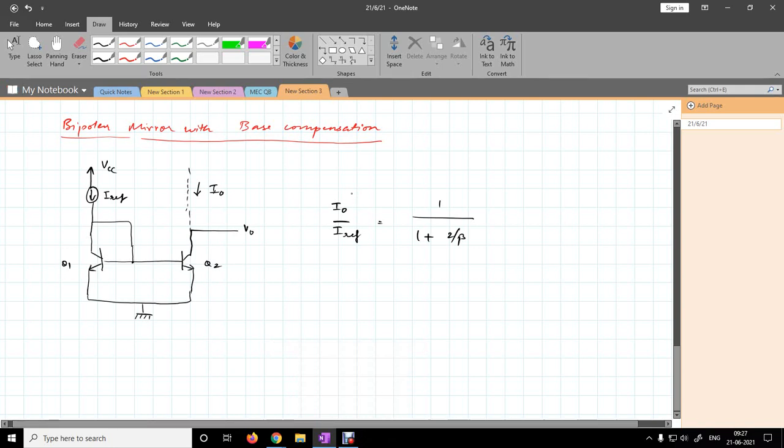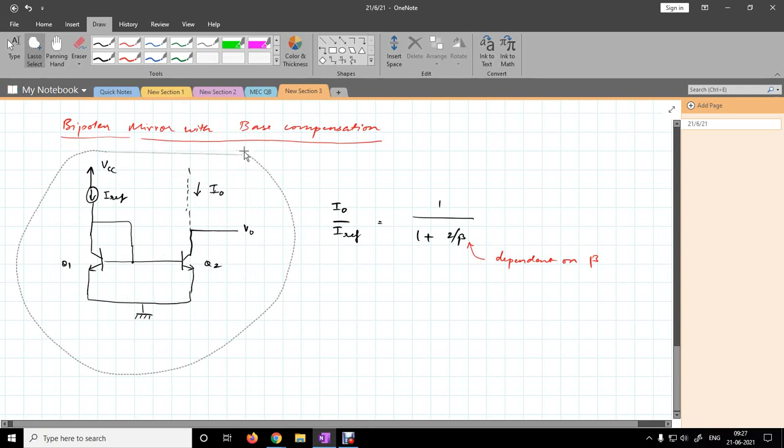Right. So how do I modify this circuit so that this ratio is less dependent on beta? Okay, so now it is dependent on beta. So this formula which I have here, I have to modify this circuit in such a way that this beta gets further increased. Okay, so we'll see that now.